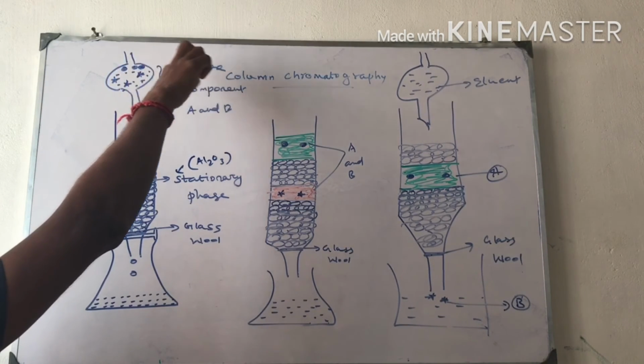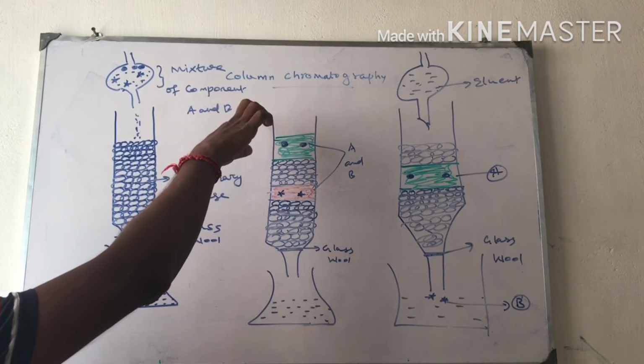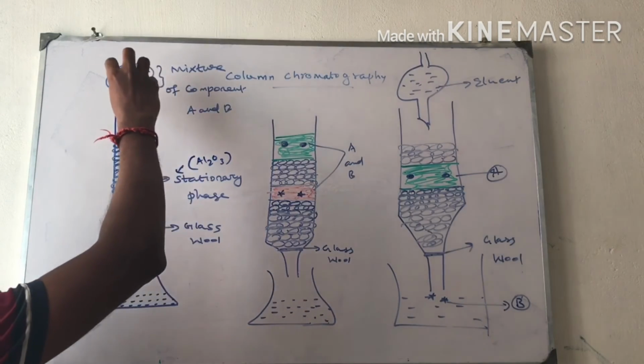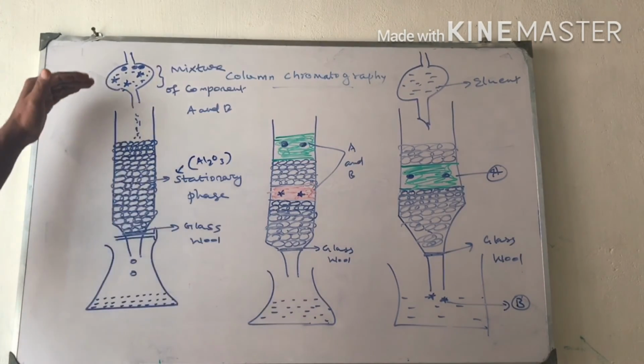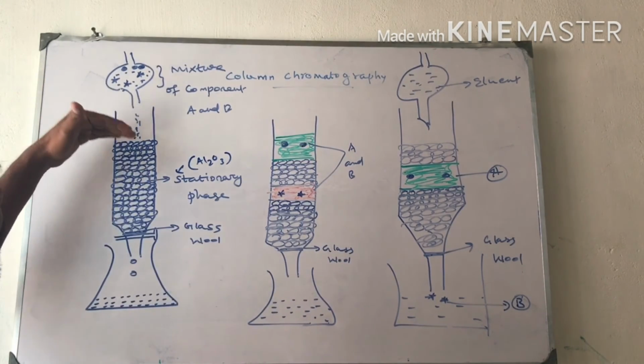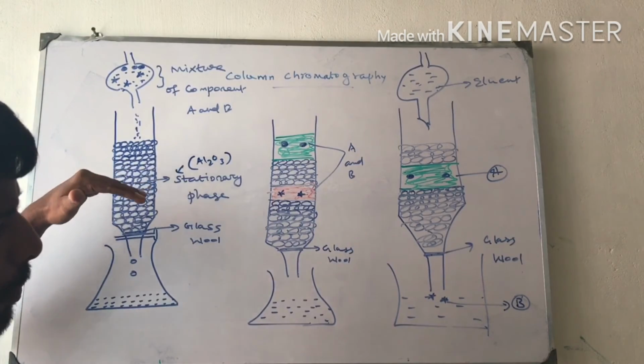First, the column contains the mixture of components A and B. Components A and B are separated using a mobile phase in the column chromatography.